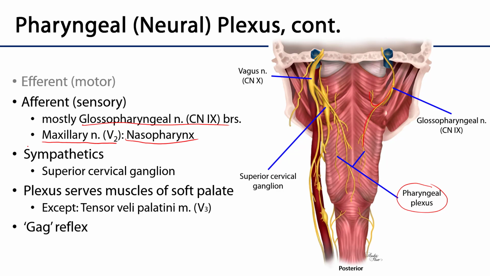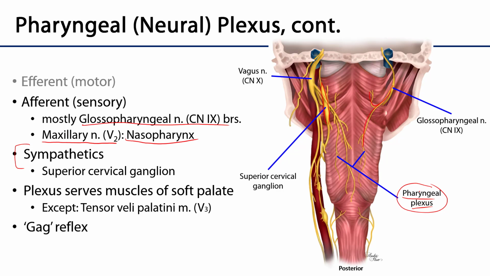The sympathetic contributions to the pharyngeal plexus come from the superior cervical ganglion of the cervical sympathetic trunk. It's probably important to note that this pharyngeal plexus is also serving the muscles of the soft palate.